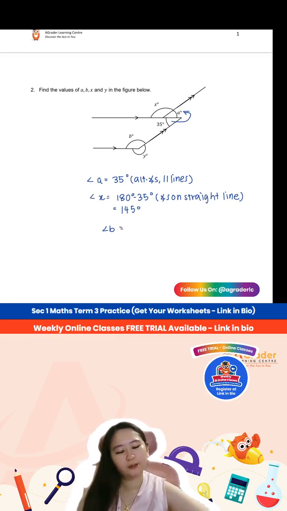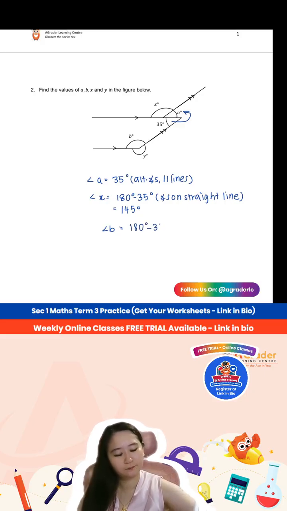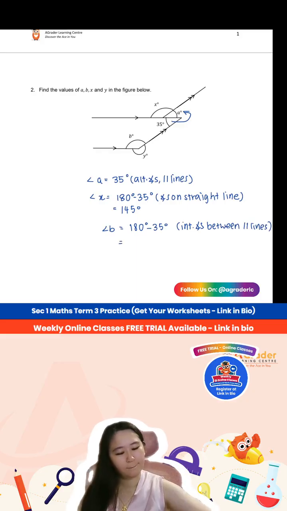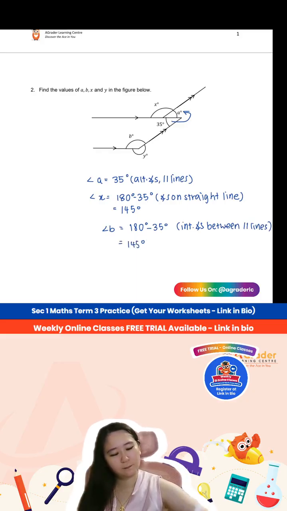Angle B, you can use interior angles between parallel lines. So 145 degrees.